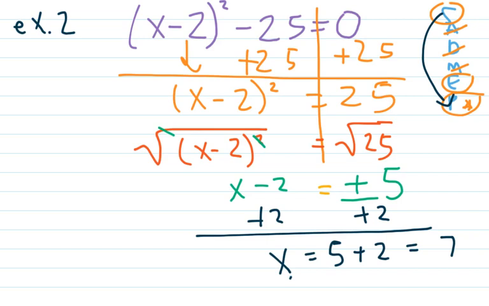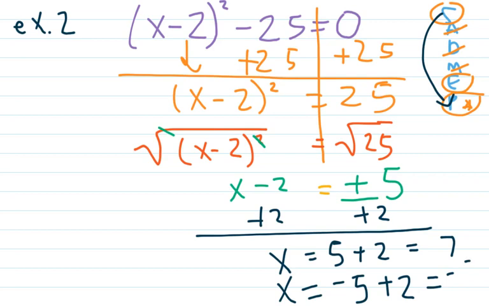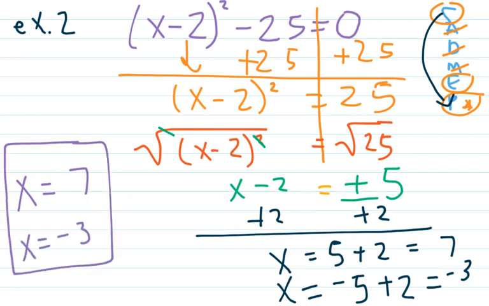But then also, x equals negative 5 plus 2, and that answer is negative 3. So our final answers in this problem are x equals 7 and x equals negative 3. And that is going to be my final answer.